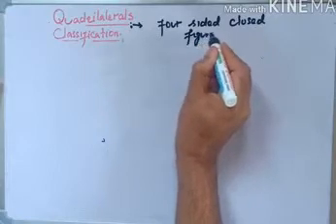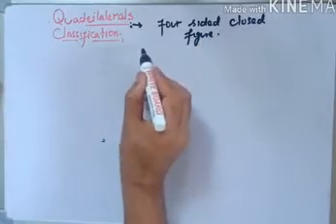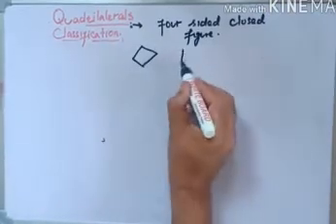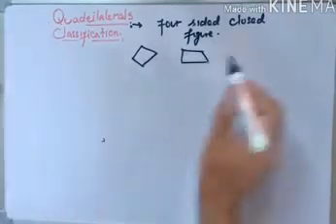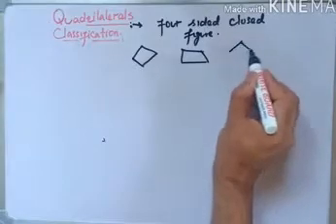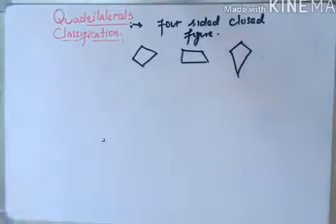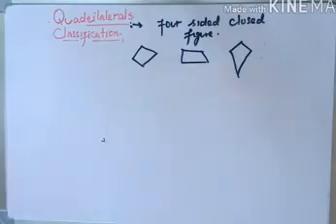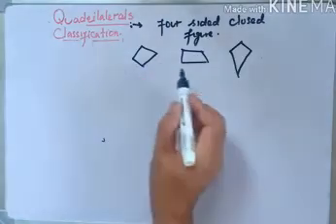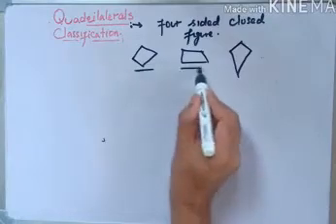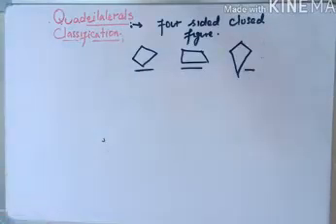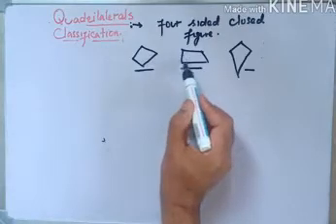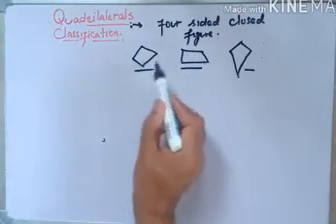Very simple. I can draw several quadrilaterals here. This is a closed figure, a four-sided closed figure. This one again is a closed figure, four-sided closed figure. This again is a closed figure. Each of these different types of four-sided closed figures is called a quadrilateral. This is a quadrilateral, this one is also a quadrilateral, and this one too, because you can see there are four sides, and these figures are closed.